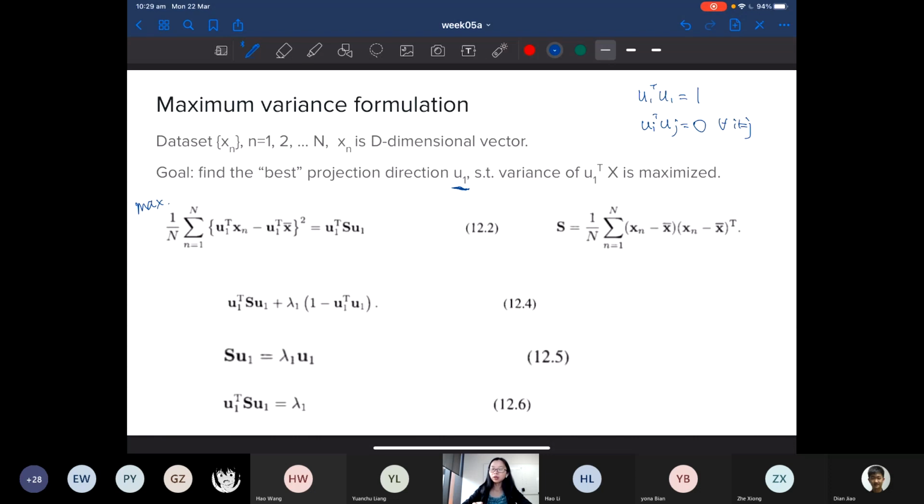We know from 12.6 that u1 is one eigenvector of S. We have the freedom, due to this objective, to pick lambda 1 being the maximum eigenvalue of S, and then u1 being the corresponding eigenvector. So that's very simple. We're kind of done.